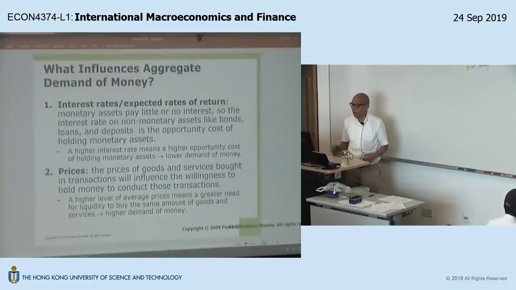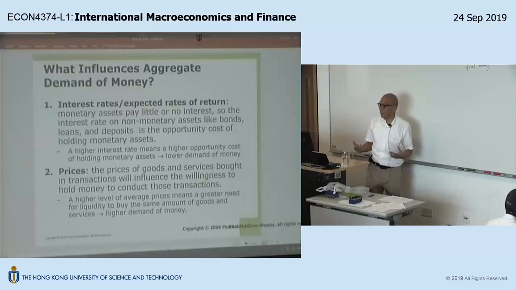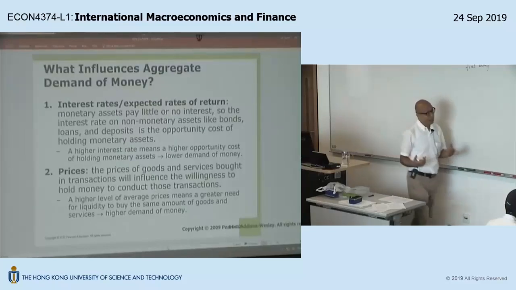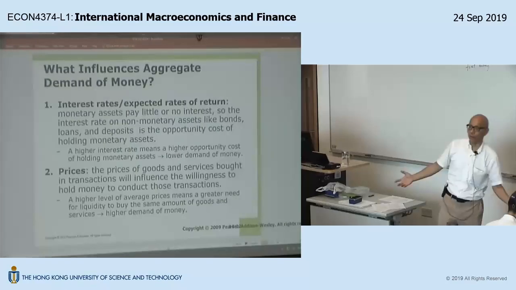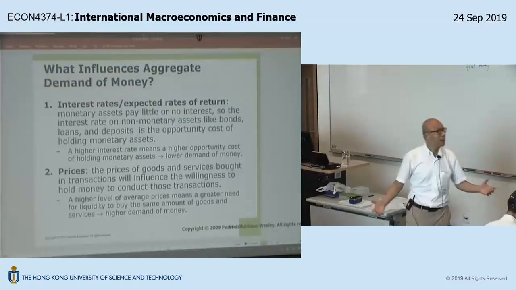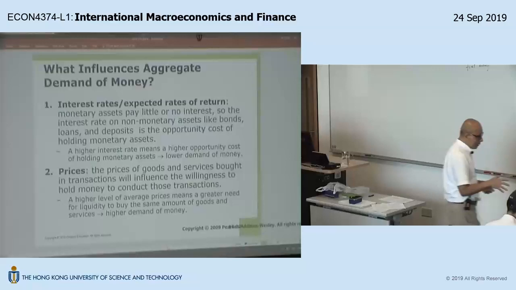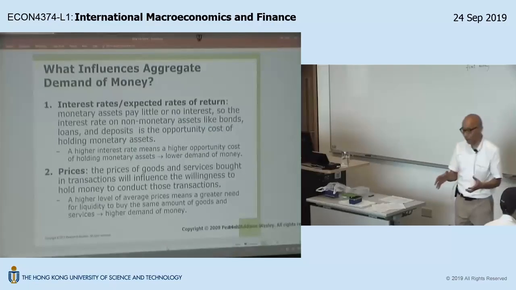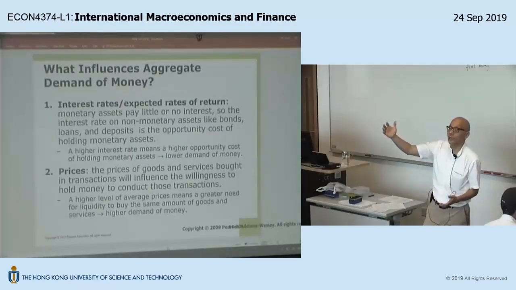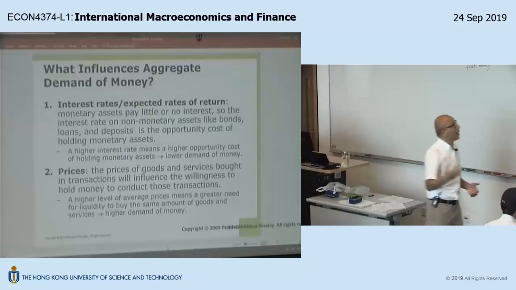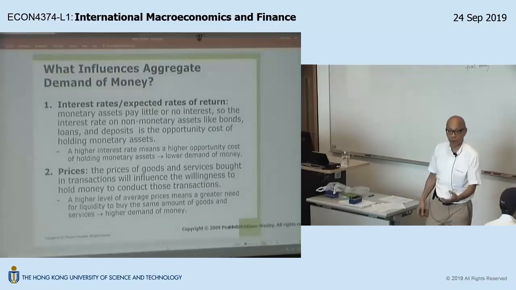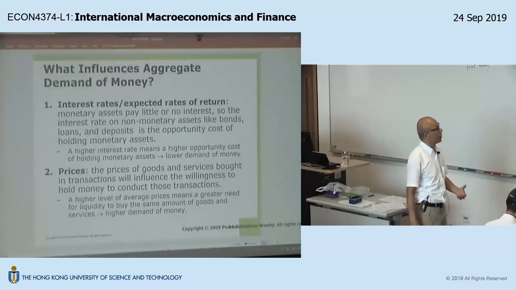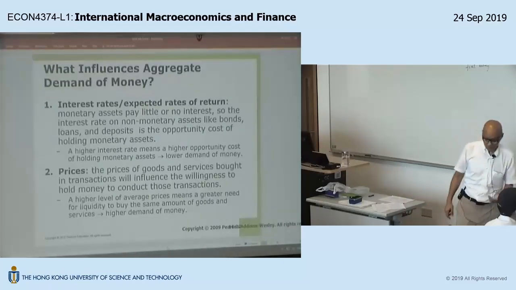Now, what influences aggregate demand for money? In the whole economy, the aggregate demand for money reflects the individual demand. If the interest rate is high, people have more incentive to hold the non-monetary asset because they get more return.